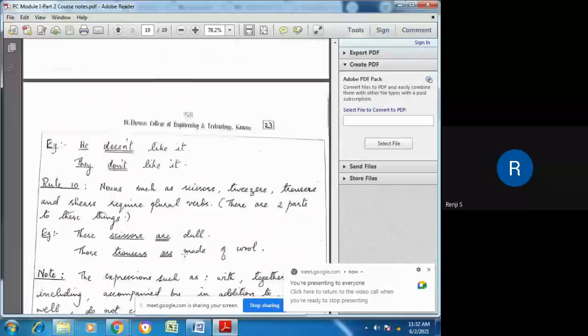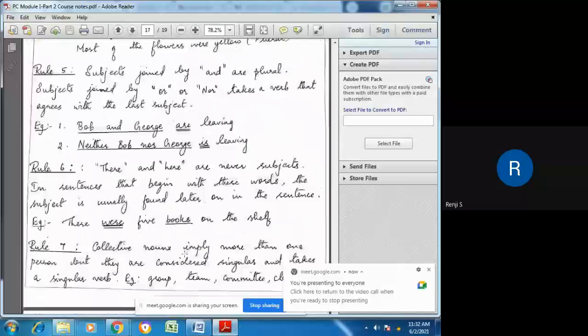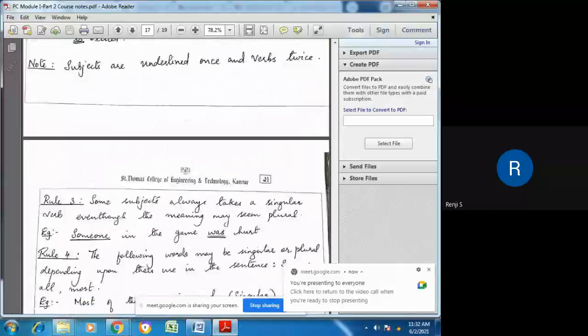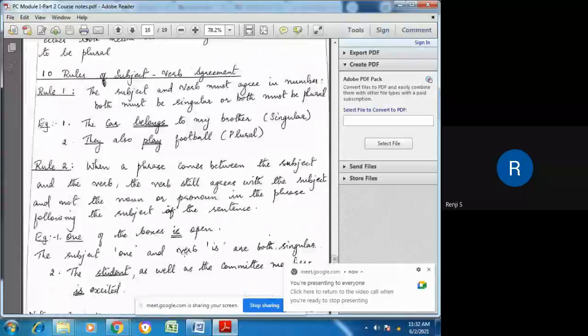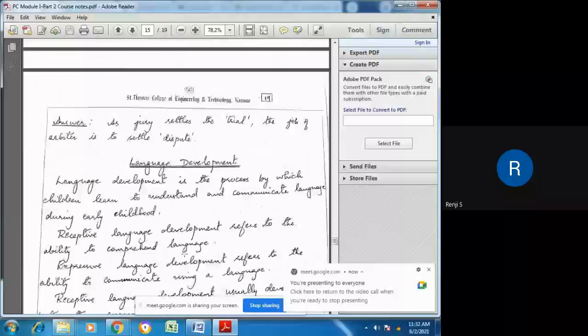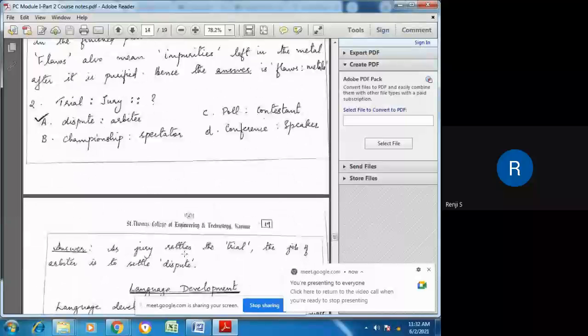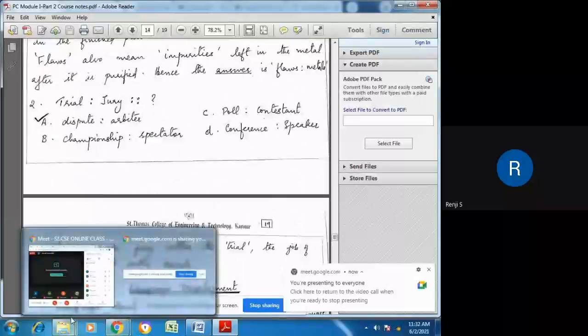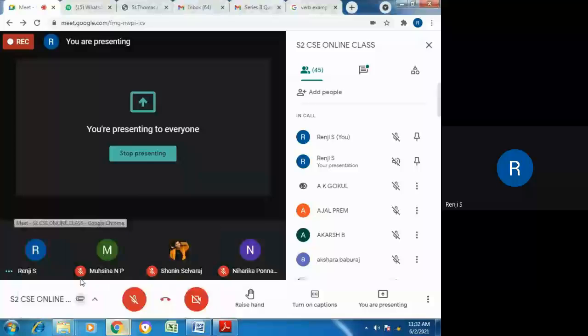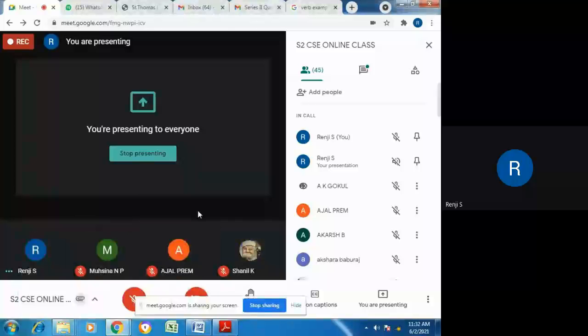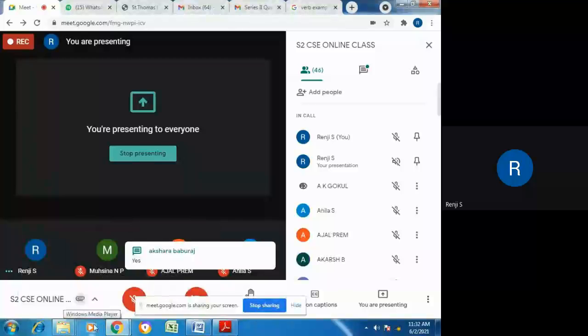Can you see the screen? Can you see the screen? Okay, Akshara.